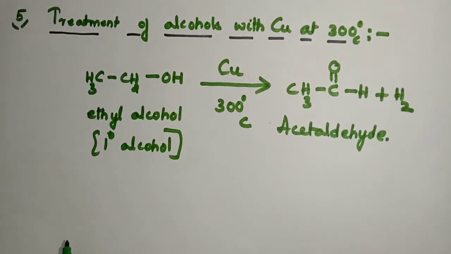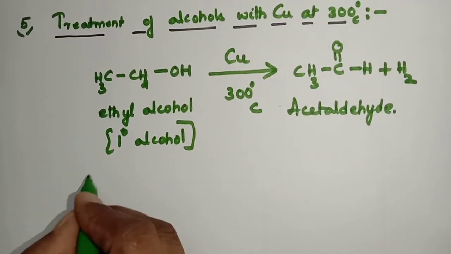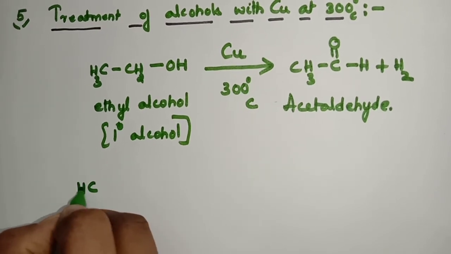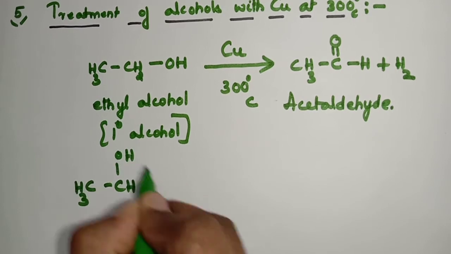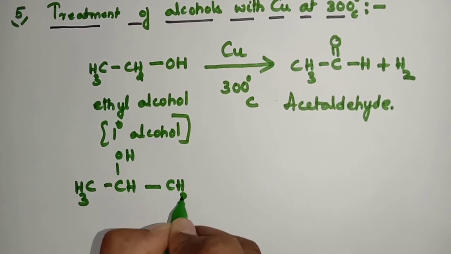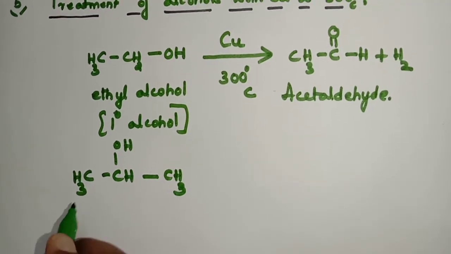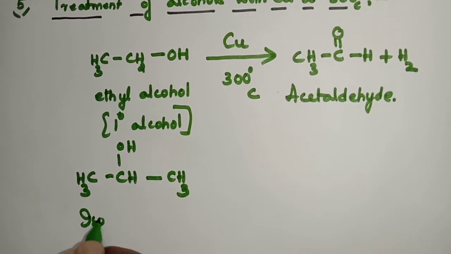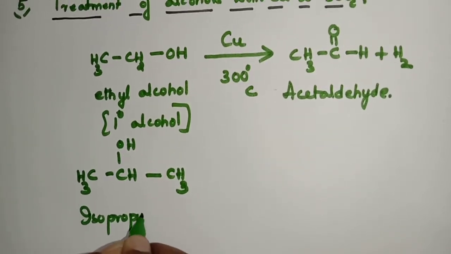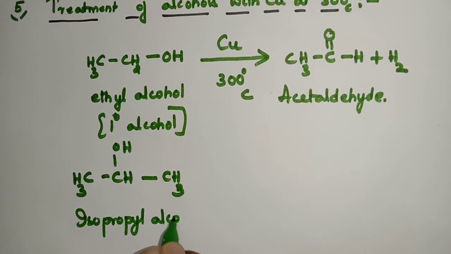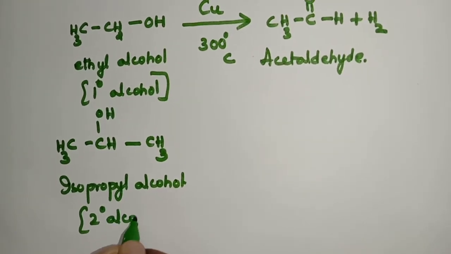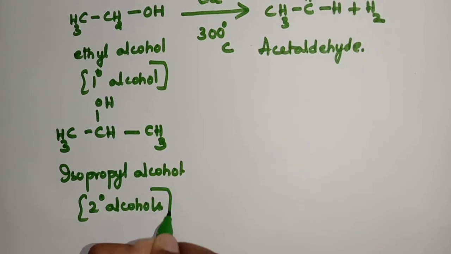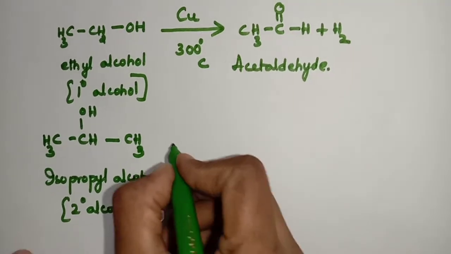Next, how to prepare ketones using this method? Taking CH3, CH, OH, CH3. What is the name of this compound? This is isopropyl alcohol. It comes under secondary alcohols. Try to note the difference between primary and secondary alcohols.